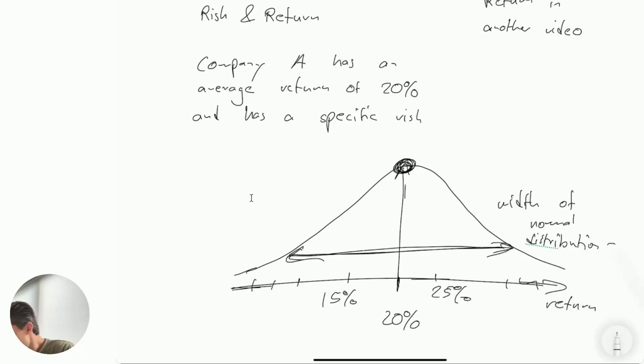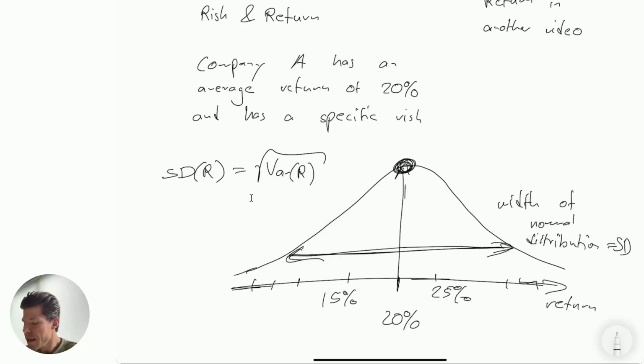And this is measured in standard deviation. Just to recap, this is the standard deviation of R, your return, or the variance of return.